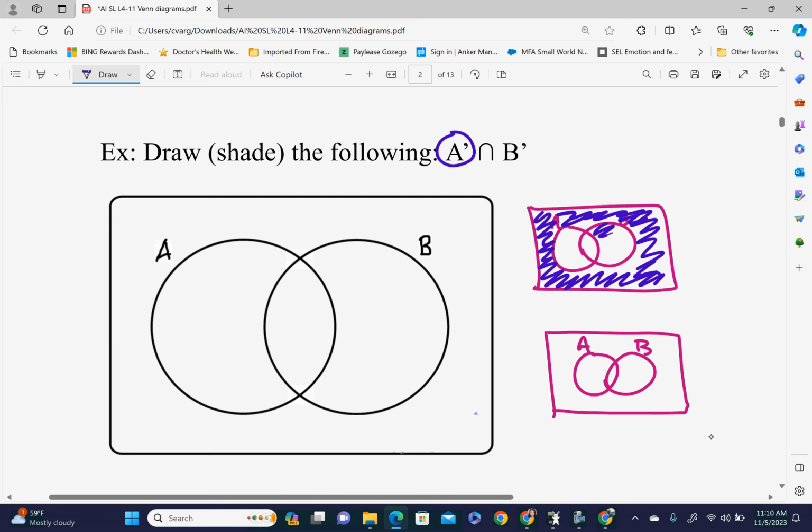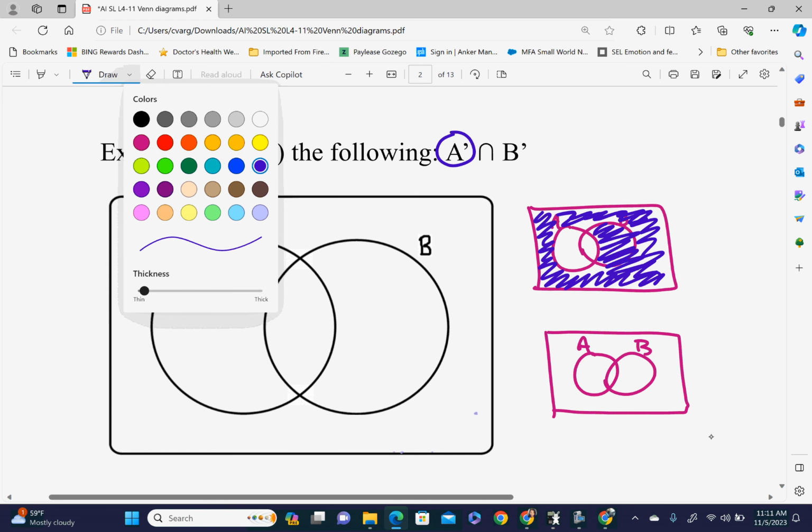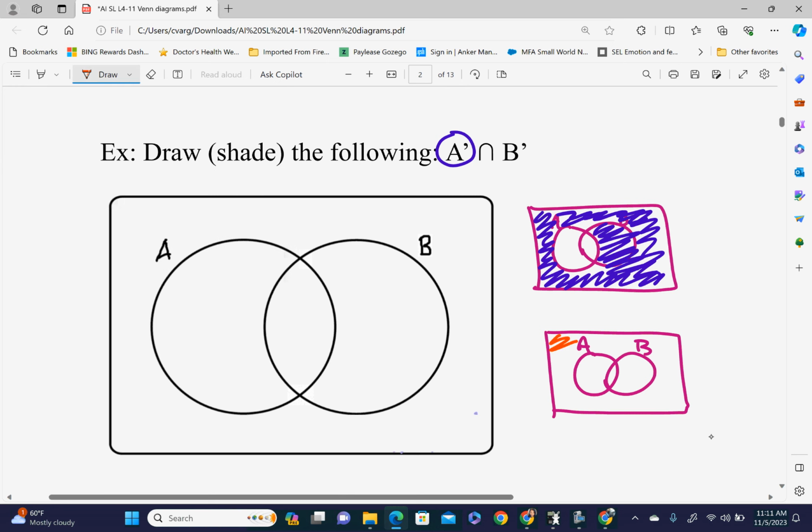And I'm also shading this because this is B, it's not A. I'm not shading this part because A includes this whole thing, okay? So now if I do the same thing for the second one, which is not B, let's go to the opposite color. So here's B. I don't want to shade that. I want to shade everything that is not B. You with me? Everything outside of this part right here. So all of this. I'm not shading anything in B.